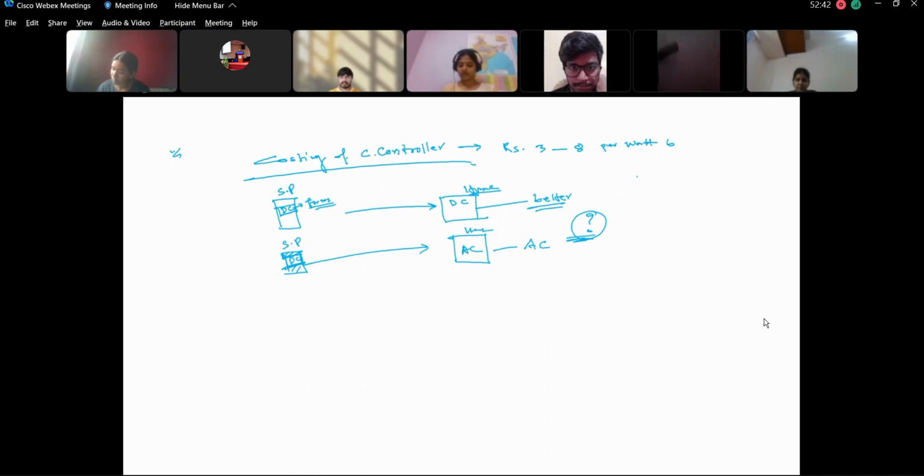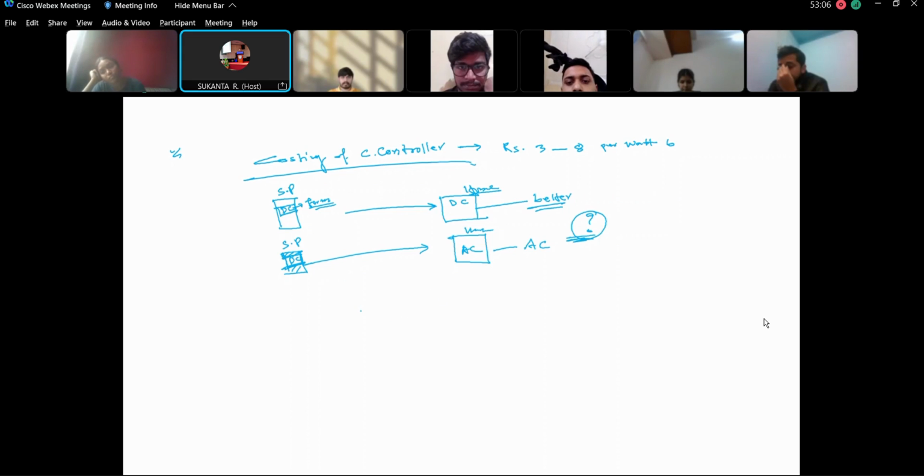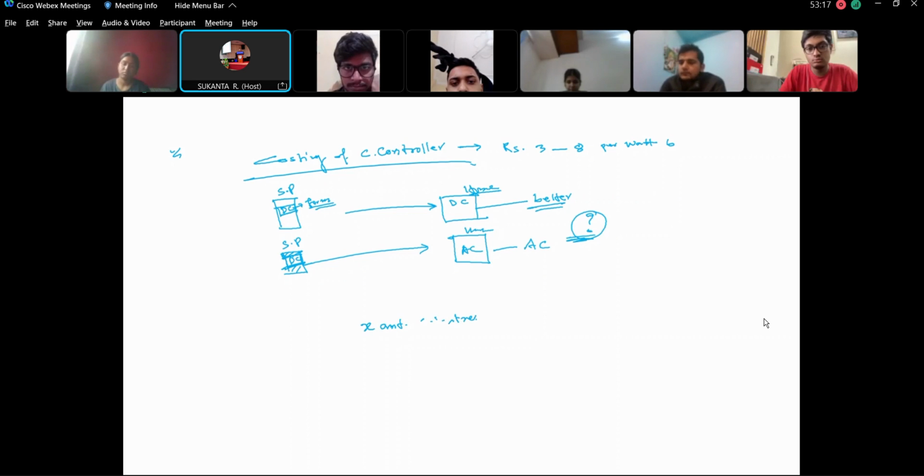In the beginning also we discussed the different types of light sources, like bulb, then CFL, LED. So suppose we are looking for some X amount of brightness.